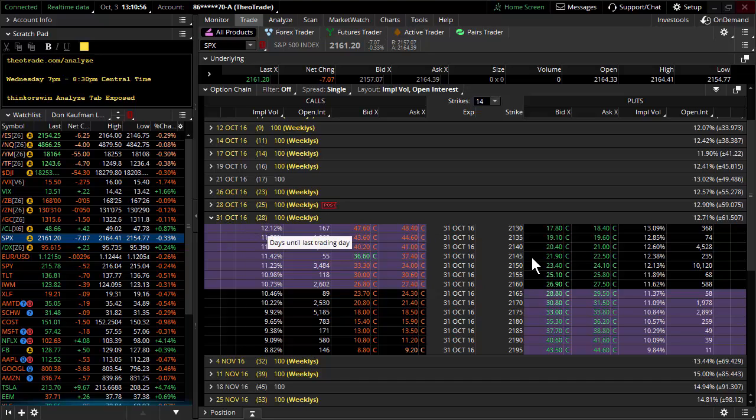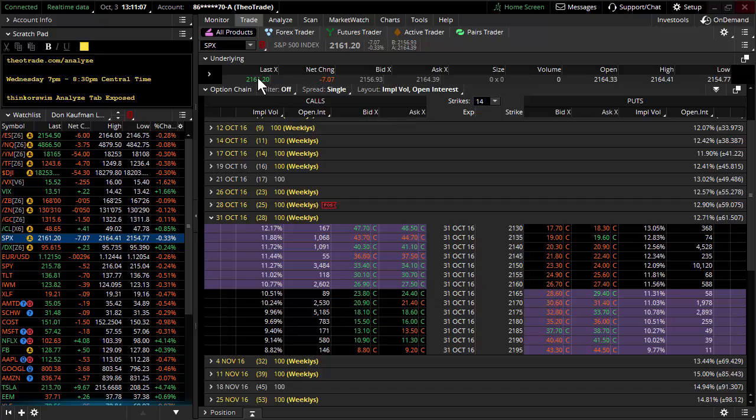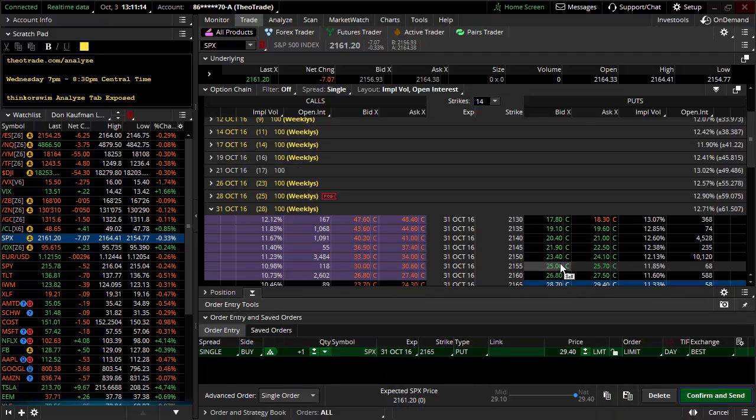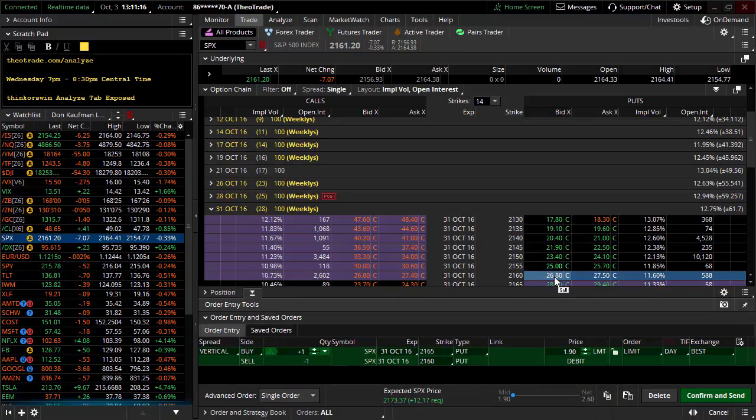There's 28 days left to circumnavigate some of the volatility risks, and really the differential between implied and historic volatility. All I've been doing is looking and saying, all right, we're trading at 2161. Maybe we go out there and do something as simple as buy a slightly in the money spread. Here happens to be a $5 wide spread for $1.90.